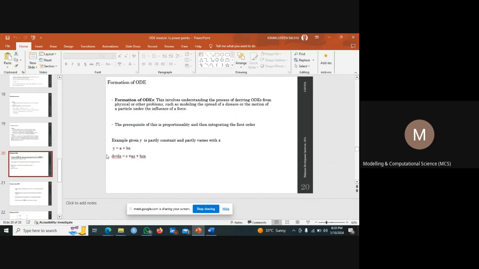Look at this example: y is equal to a plus bx. So y is partly constant and partly varies with x. Partly constant, you have a. A is constant here, and partly varies with x.